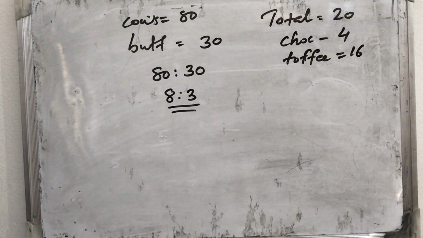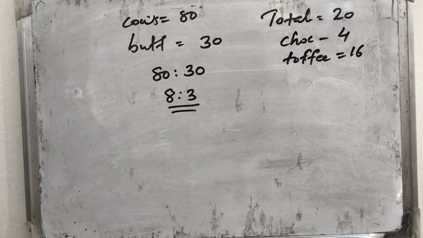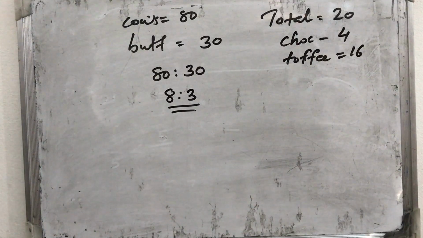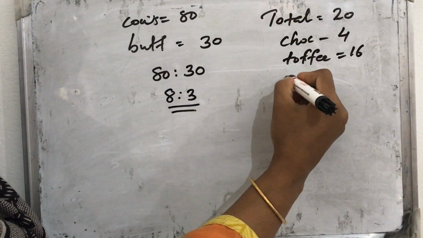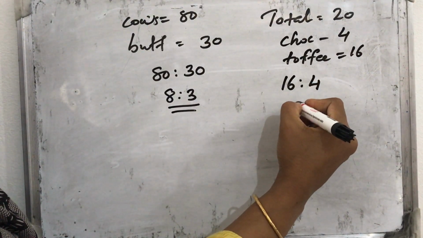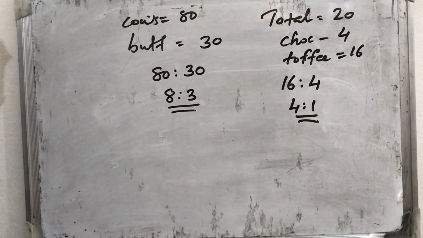The question asks, what is the ratio of the toffees to the chocolates? That ratio will be 16:4. Then the simplest form we can write as 4:1.